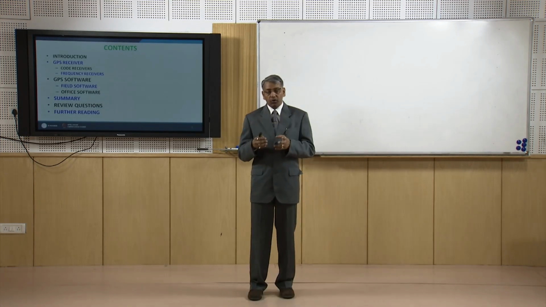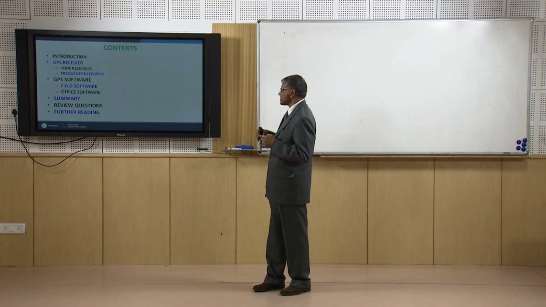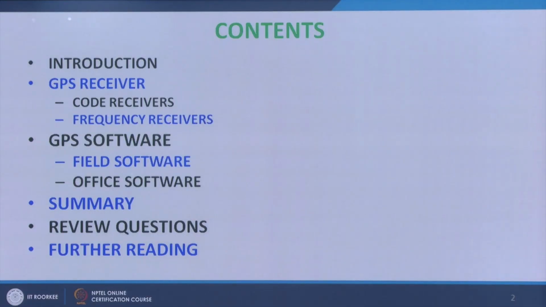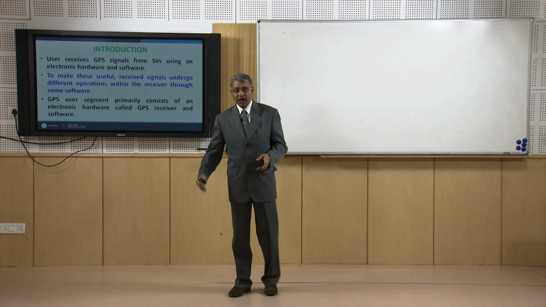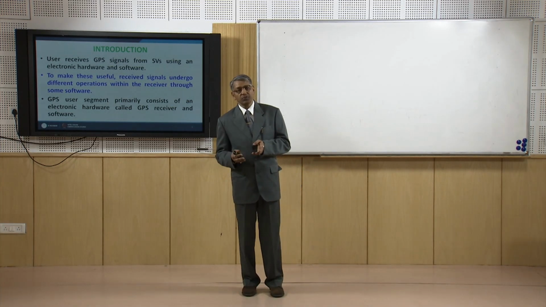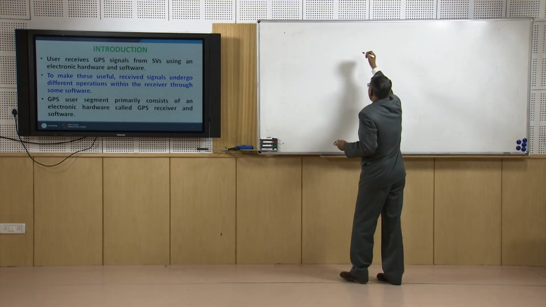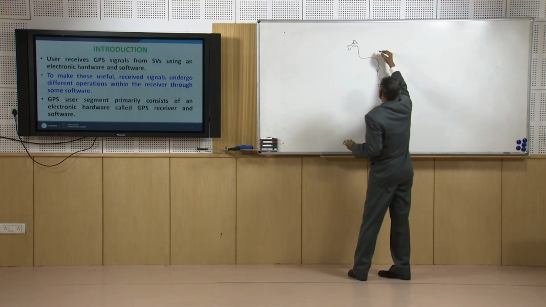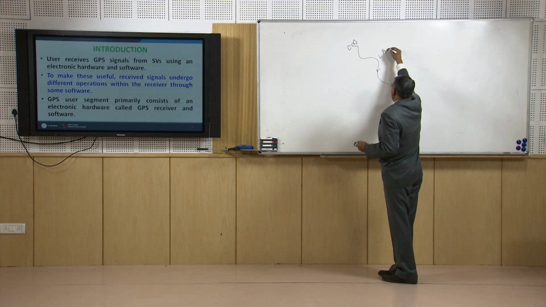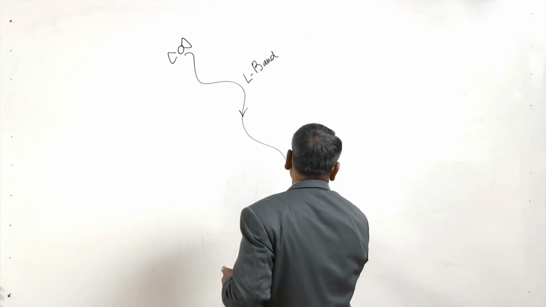So we need to know more detail about the GPS receiver and the GPS software, which are the two components of the GPS user segment. Already I told you that using a GPS receiver we receive the GPS signal from GPS satellite vehicles, and GPS satellite vehicles broadcast GPS signals which are in L band.